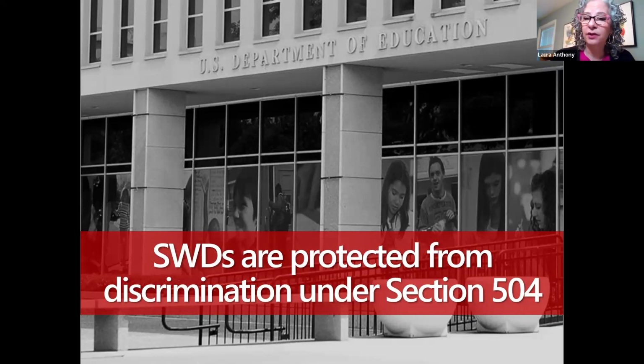That kind of discrimination could come up in the form of bullying, where a student with a disability is either being bullied for something related to their disability, or they are being the bully because of something related to their disability.